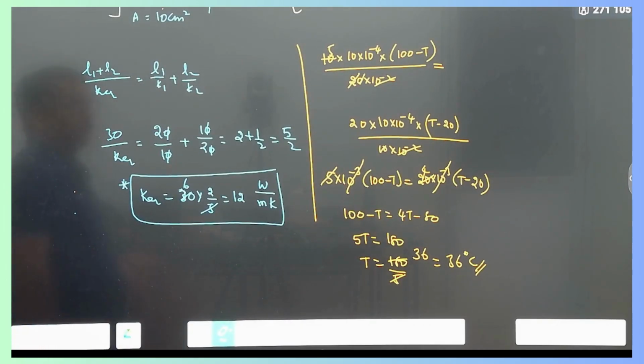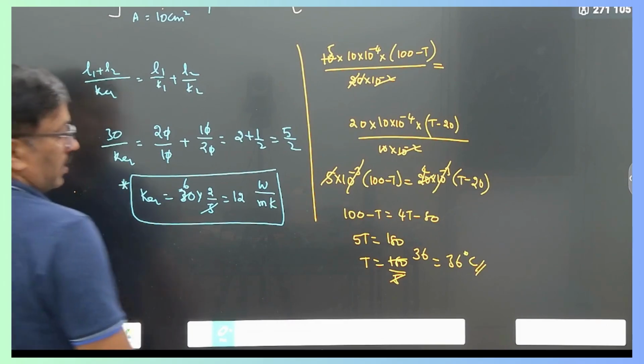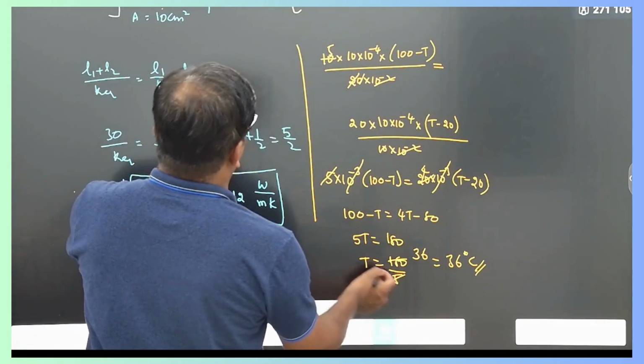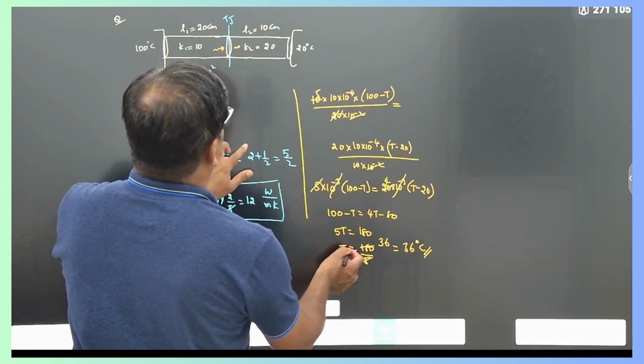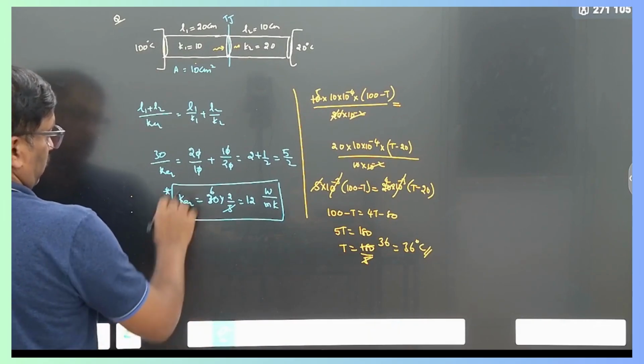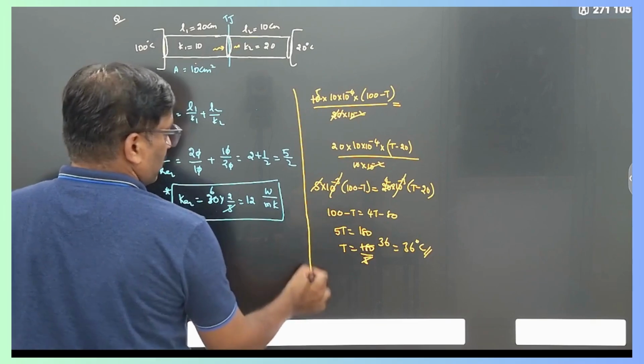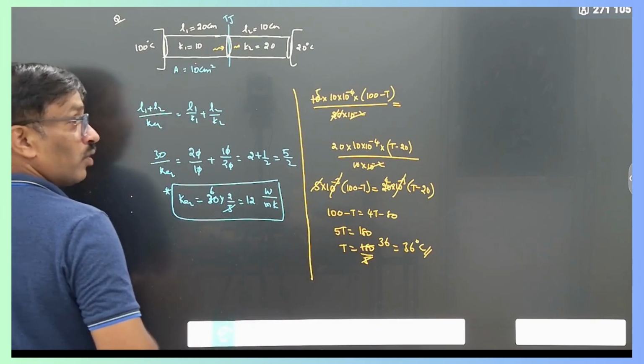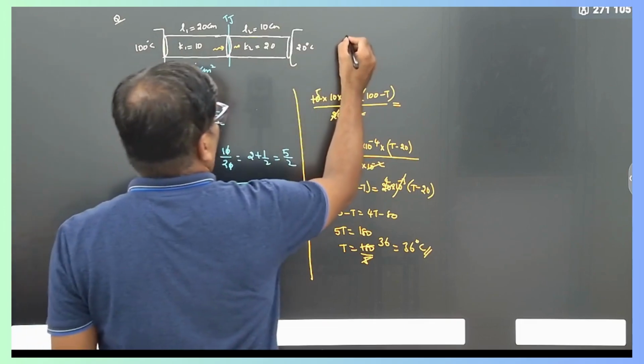Clear? So in this way we can calculate the junction temperature. And they may also ask one more question here. K equivalent we got, also junction temperature we got. And one more: what will be the total net rate of flow of heat energy?